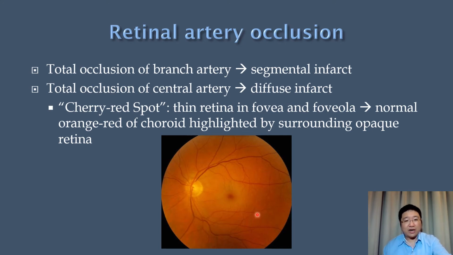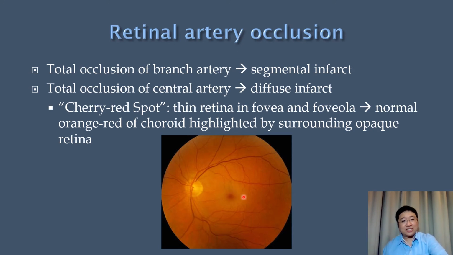So the retina will be hazy, but in this area at the fovea and foveola, the retina is very thin. So that is why we don't see so much haziness here.